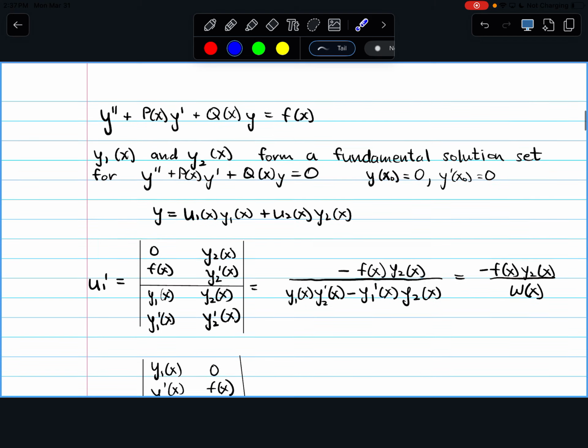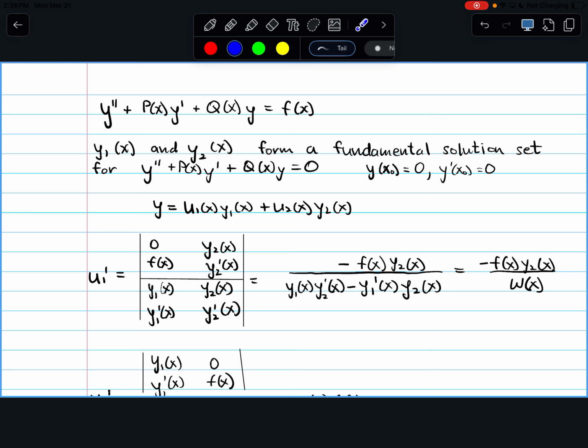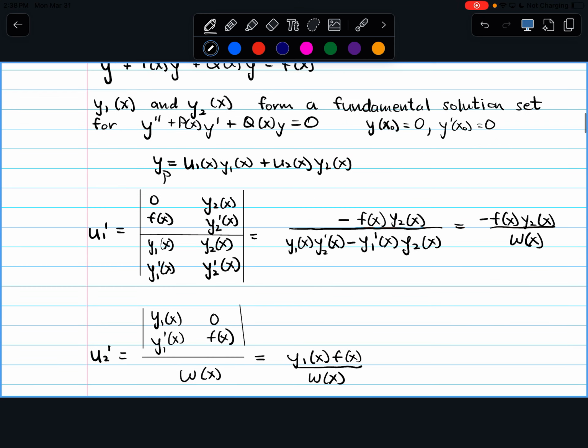Now, we learned that we can find a particular solution this way. We use variation of parameters, and we start off with u1 y1 plus u2 y2. We set up these determinants.